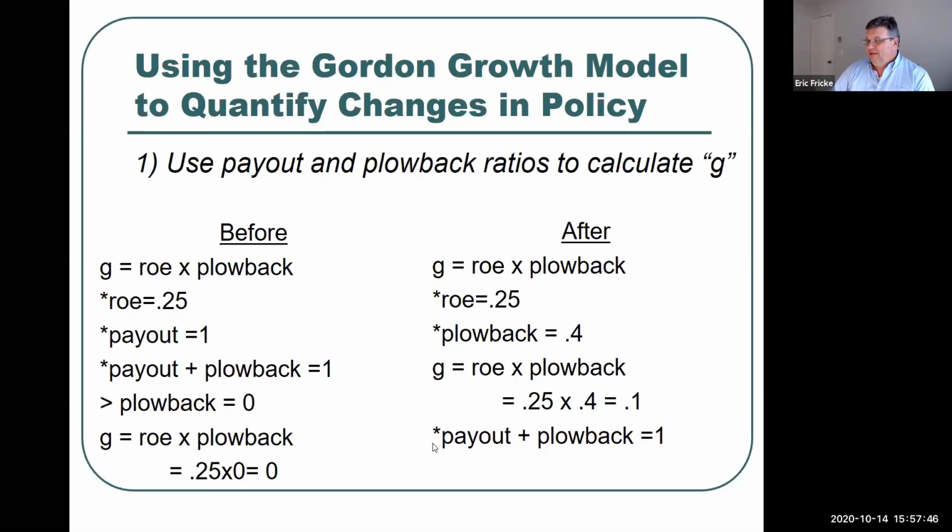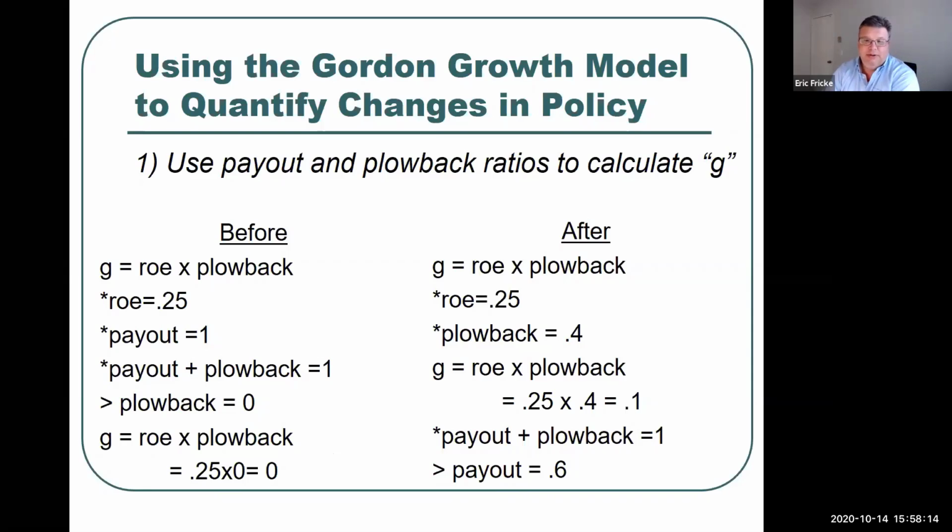Because we know payout plus plowback equals 1, and if the plowback is 0.4, that must mean the payout ratio in this after scenario is going to be 0.6. Okay, so just keep that in your mind for the next slide. So we got our two growth rates. I think we're good to go to the next slide.